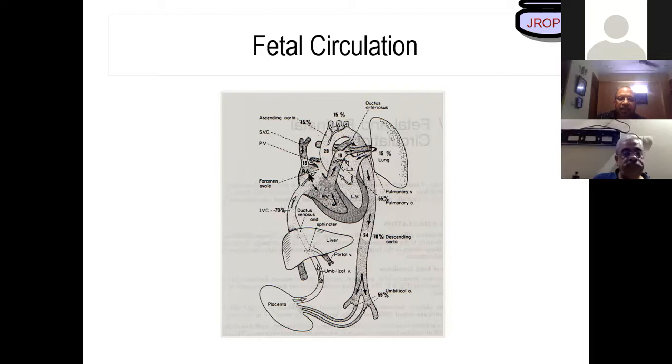About 70% of the blood is transferred from right atrium to left atrium, and the rest 30% goes to the right ventricle. The right ventricle sends a lot of blood to the pulmonary artery, and since the pulmonary vessels have not developed, this blood comes back to the aorta through the ductus arteriosus.